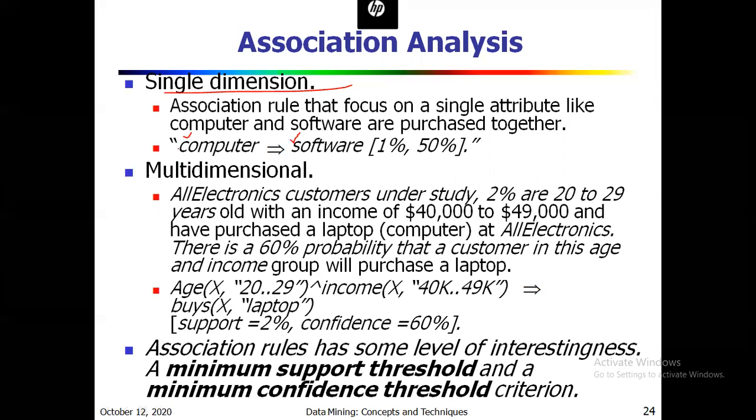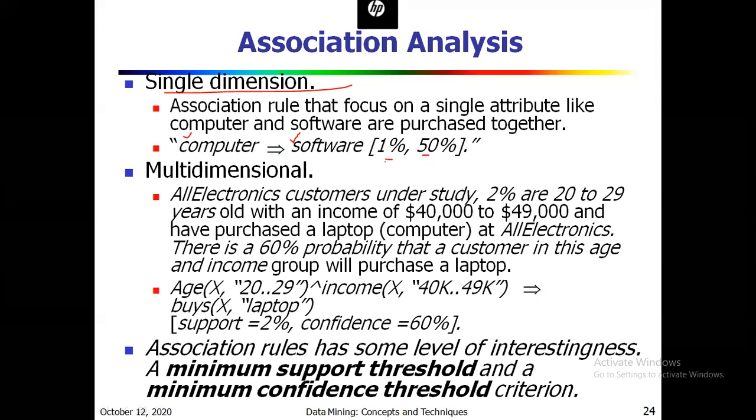It means there is one attribute, buys, and it is a single-dimensional association analysis which has 1% support and 50% confidence. In the affinity problem, we have already seen the meaning of support and confidence.